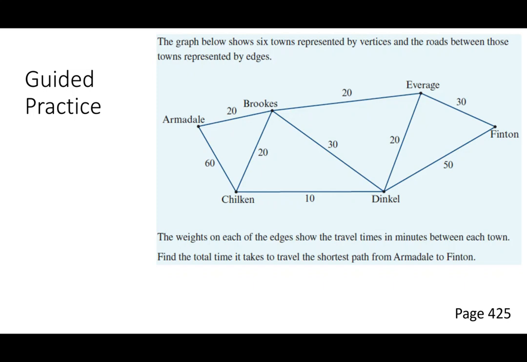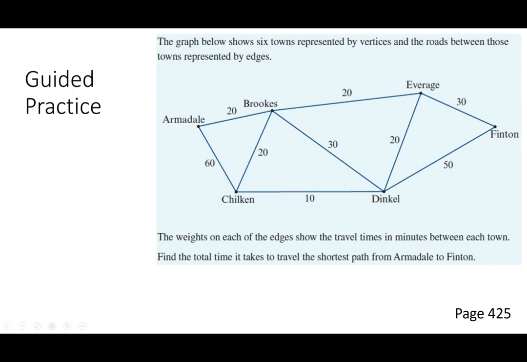Guys, I'll just talk you through my logic when I do these. I look at where I'm starting, Armadale, and then look at where I want to get to, Finton. Straight away, would I rather go down the 60-minute path or the 20-minute path? 20. So it's taking me 20 minutes to get to here. Now, would I rather go down the 20 or the 30? The 20 gets me there, and then it's going to take another 30 to get to Finton.